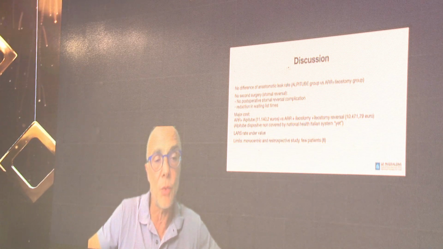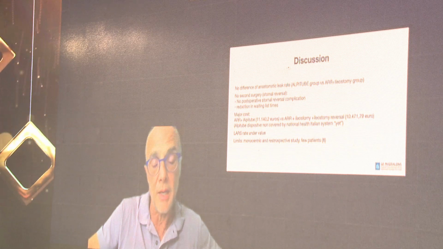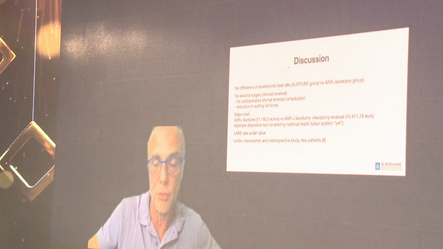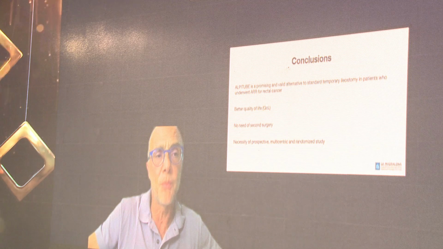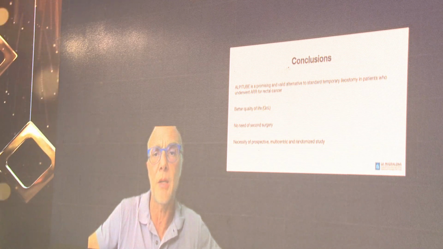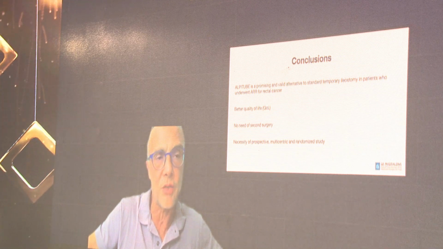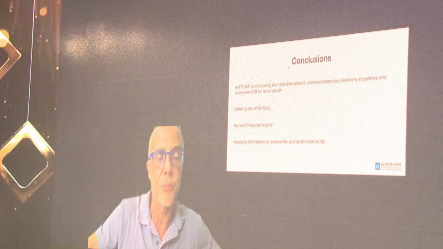But the limits, of course, are the monocentric and retrospective study and the few samples of patients. The RP-tube for us is a promising and valid alternative to the standard temporary ileostomy in patients who underwent anterior resection for rectal cancer.